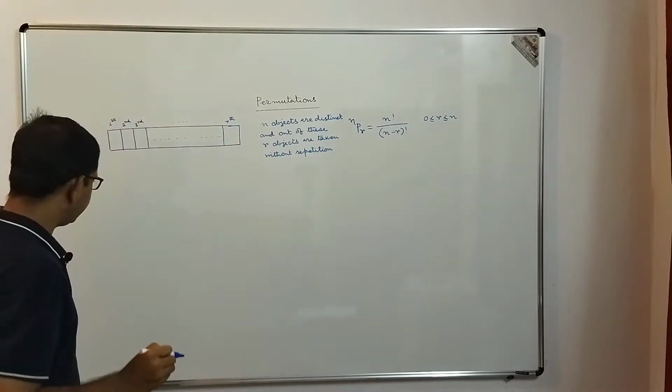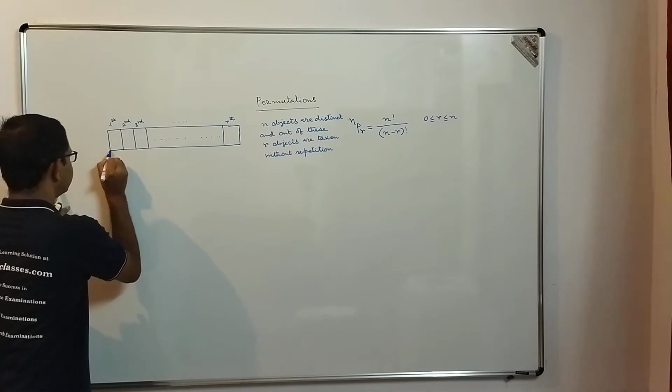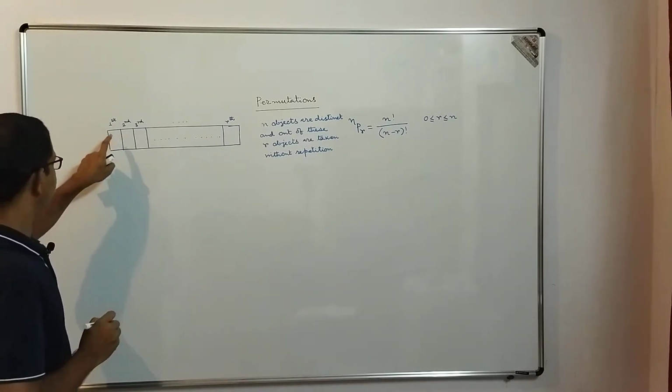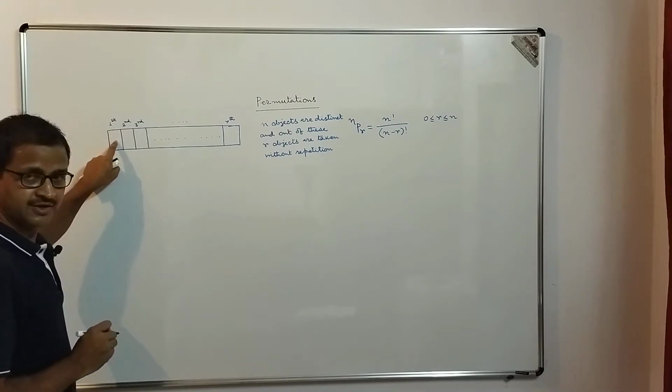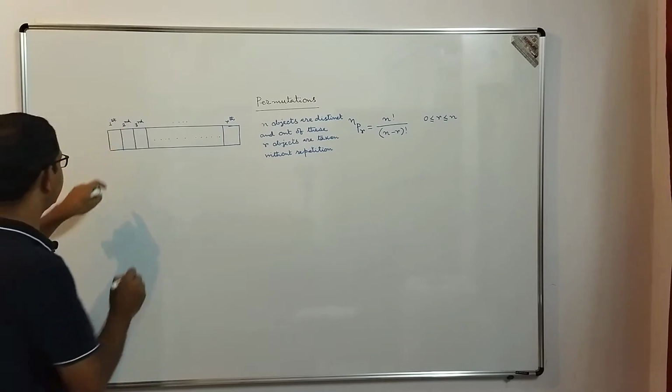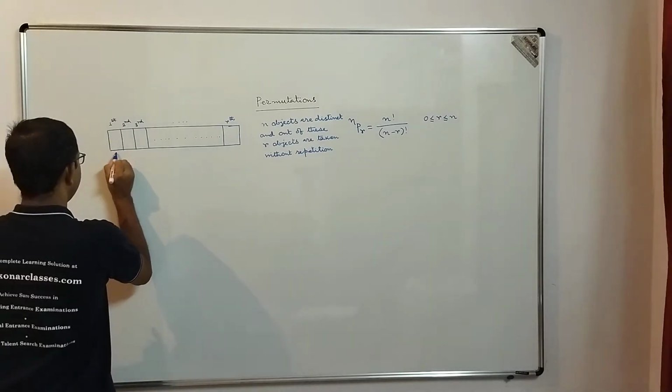Now let's think, dear students, in how many ways can the first place be filled up? There are n objects, and r objects are taken. That can be filled in n different ways, right?